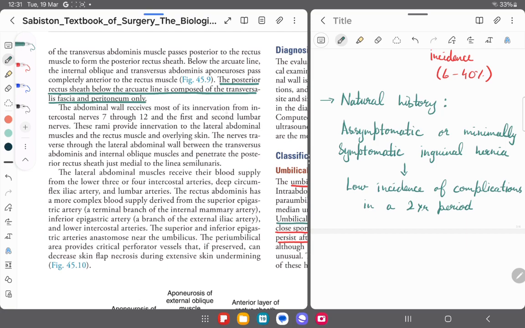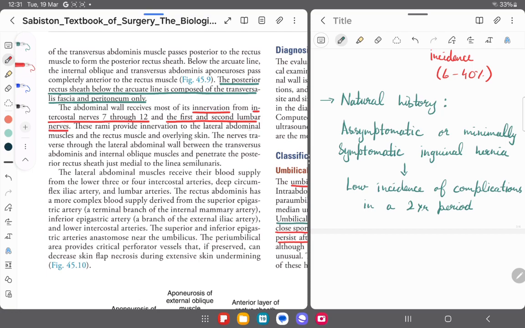The abdominal wall receives most of its innervation from the intercostal nerves. So innervation is from intercostal nerves 7 through 12 and the first and second lumbar nerves.